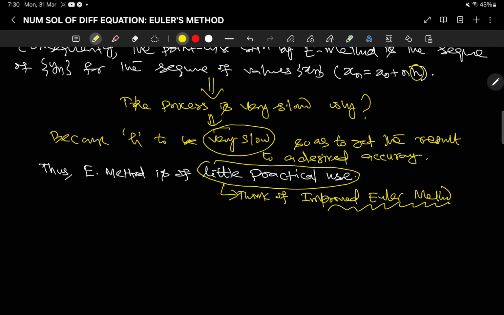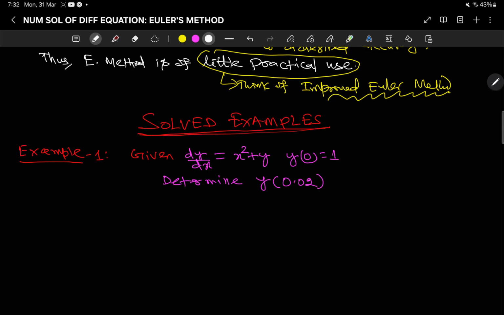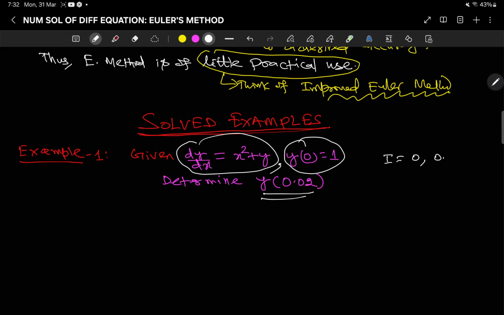Now let us solve some examples. Coming to example 1, you are given the differential equation with this initial condition, and we have to find y of 0.02, meaning we extend from 0 to 0.02 with a step length.